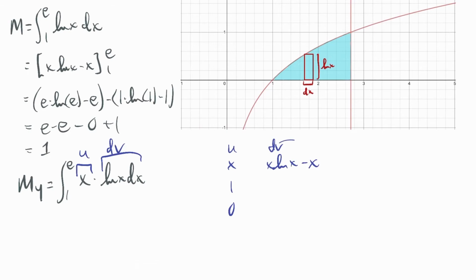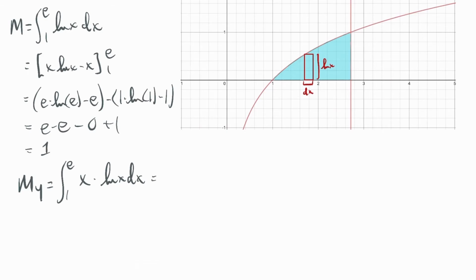So we would run into a problem. What's the antiderivative of x ln of x? Well, if I knew that, I wouldn't be doing this. So we should not use the tabular method. That's not going to work. So we'll use the other approach instead. So u equals x. Oh, you know what? This is a case where I don't want that order. I'm going to switch the order on this one.